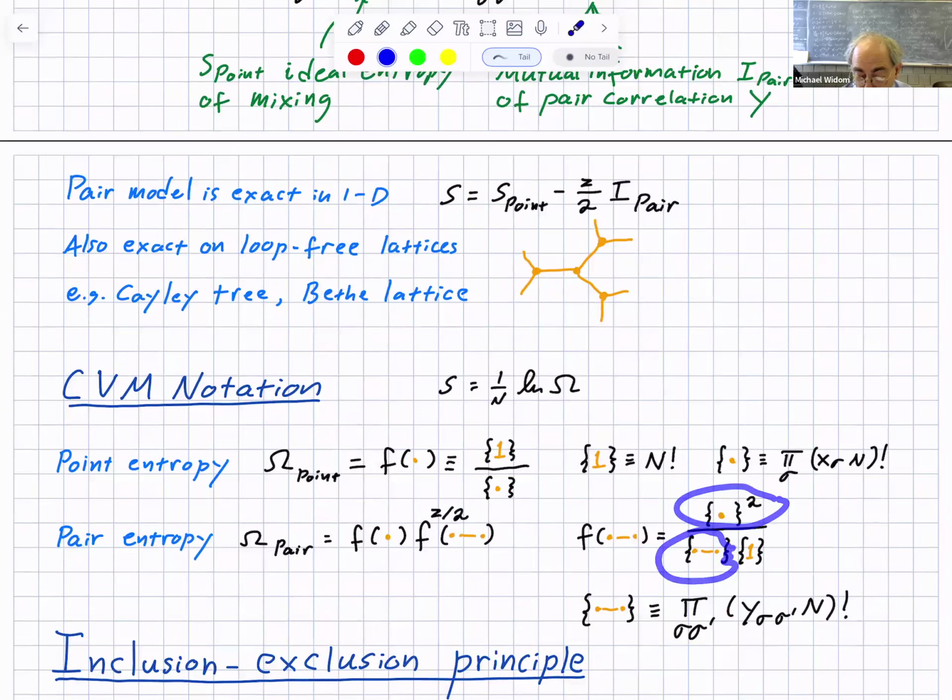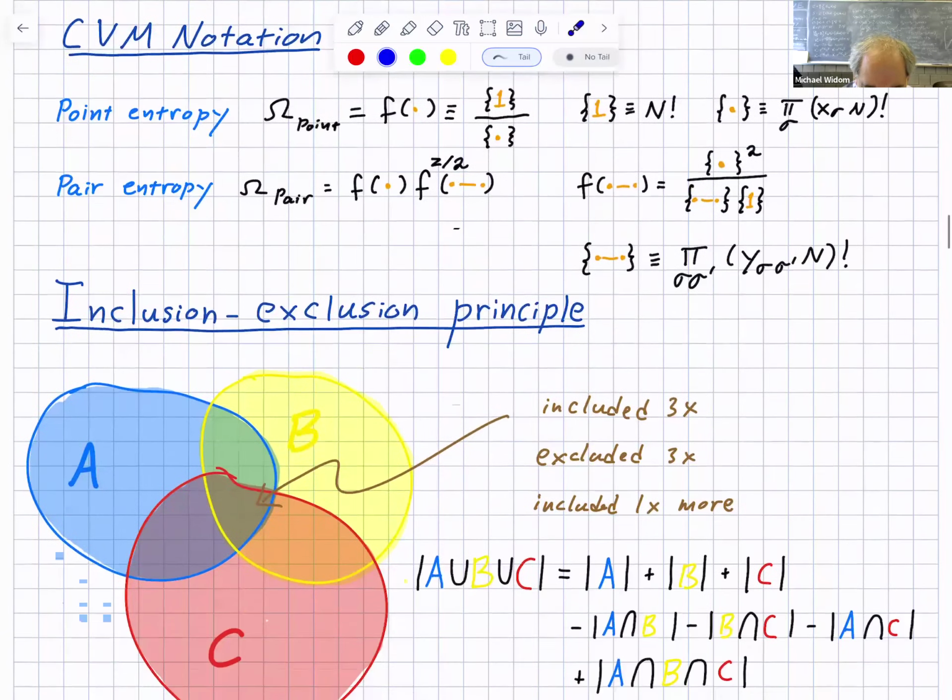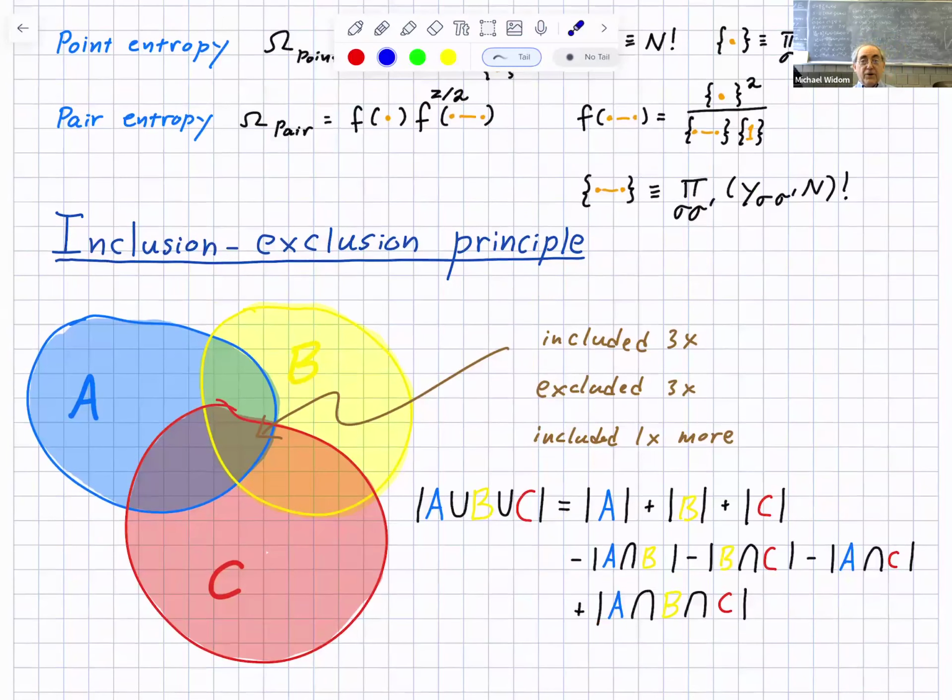Well, now we've got too many factors in the numerator, so we have to correct it with this extra 1 factor in the denominator. So I hope that you see there's some intuition to how these factors are assembled. And it also has a very nice information theoretic notion that comes from the so-called inclusion-exclusion principle.